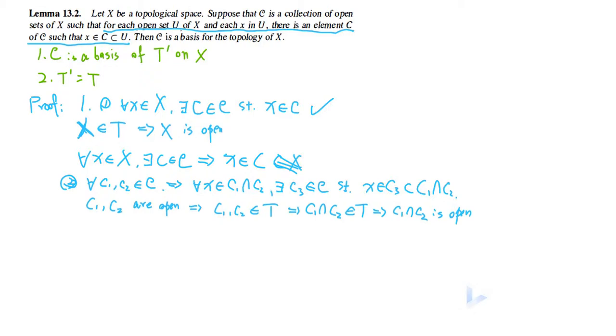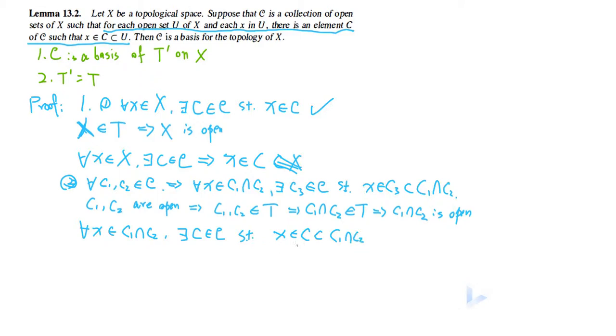So for this open set U, which is the intersection of C1 and C2, and for each x inside this open set, there is an element C from the collection C such that x is in C and C is a subset of U, which is the intersection of C1 and C2.